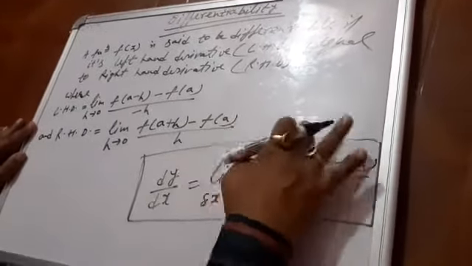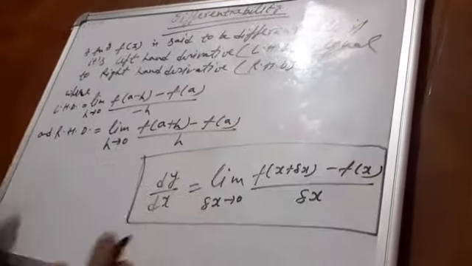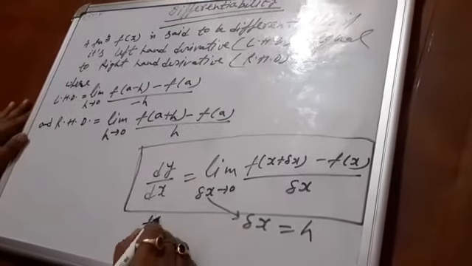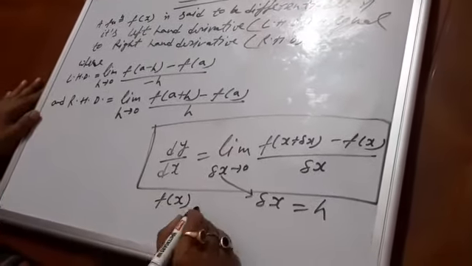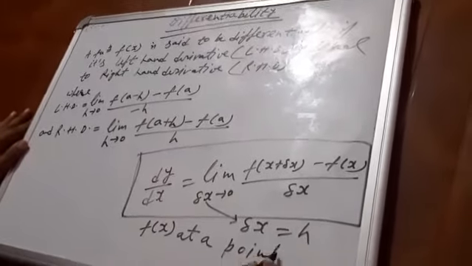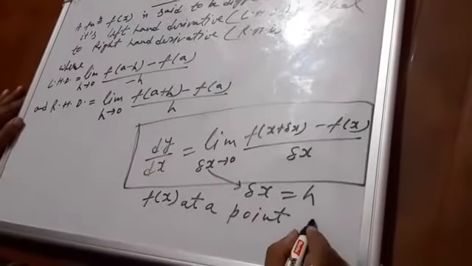Now in this portion you have seen delta x is treated as h. Your function is f(x), but now we are going to see it at a point.